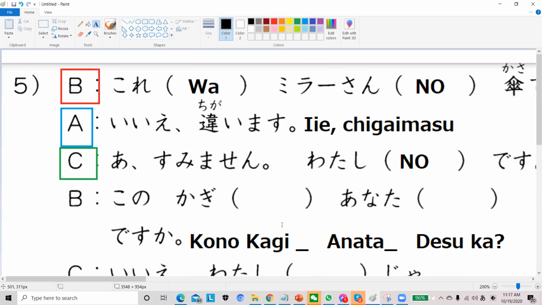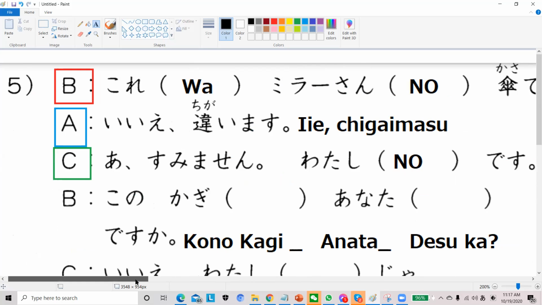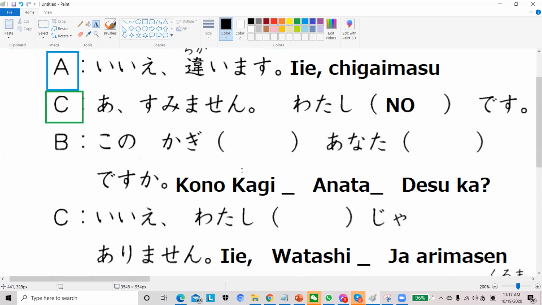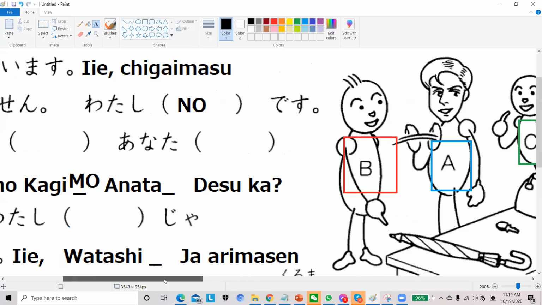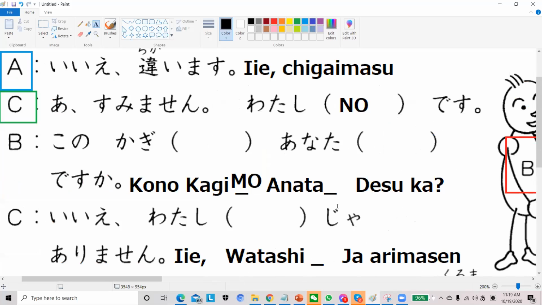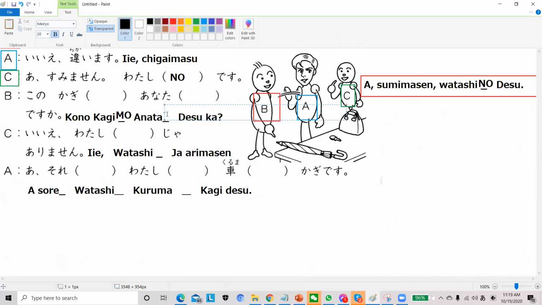So let's have letter B now. Great job, Kairin-chan. Let's have B-san, Pamela. Imasu ka? Let's have Jackie-san. Let me repeat that. Why is the answer here mo and we have our no?